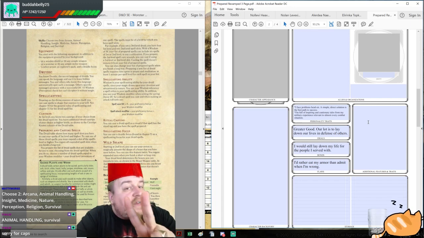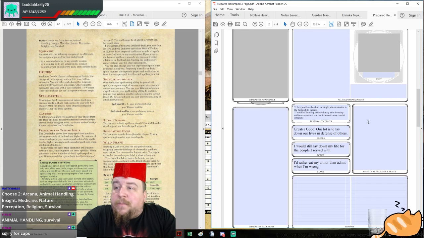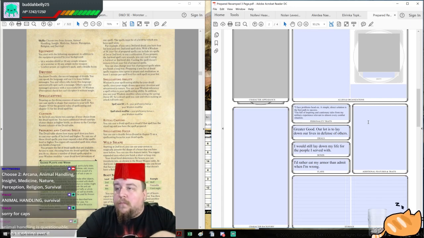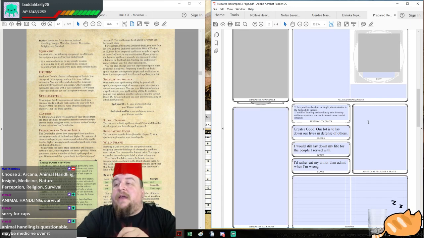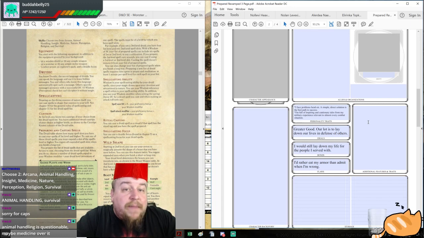Now, mind you, we're also going to get 2 half-elf skills as well. Animal handling is questionable. Well, as a druid, you can take spells to help with that. So we can take it as a skill because, look, not all places allow magic, or you can even produce magic.